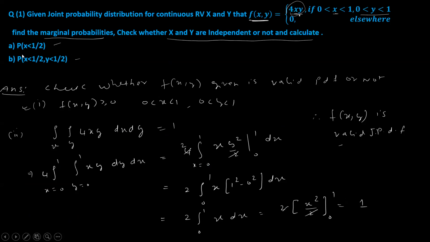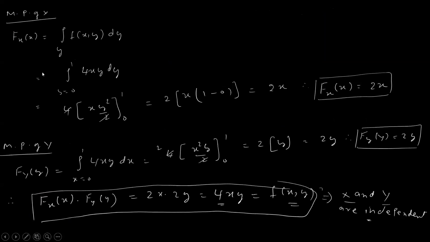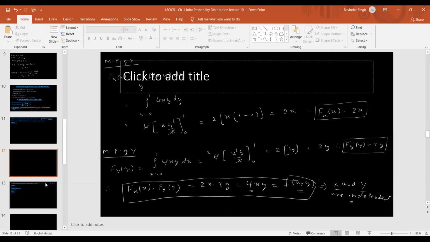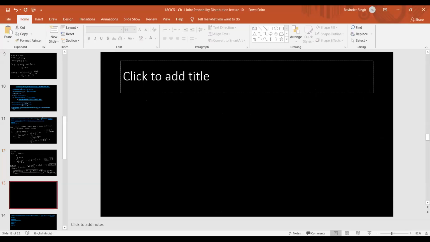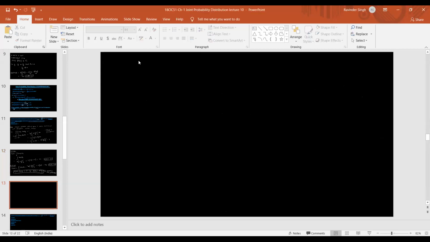Okay, next I have to answer the probability of x less than half. So I have to add one more working part here. Okay, so fine. So I will just take p of x less than half.